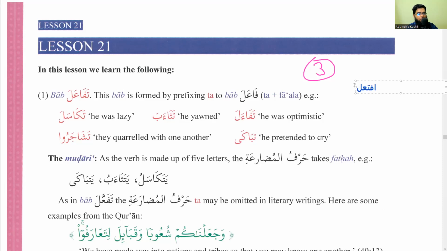Ifta'ala. Now, for heavy letters like ta, za, sad, and dad. For example, istafa. The 3 root letters are what? Sad, fa, and ya. Correct? I want to make form 8 from this.